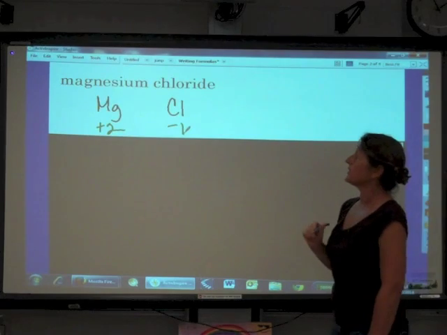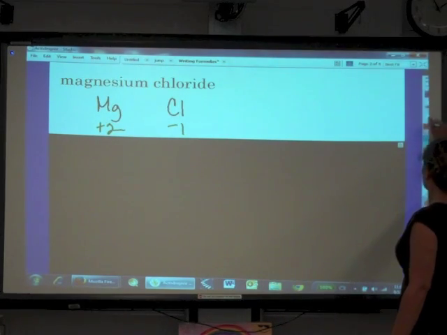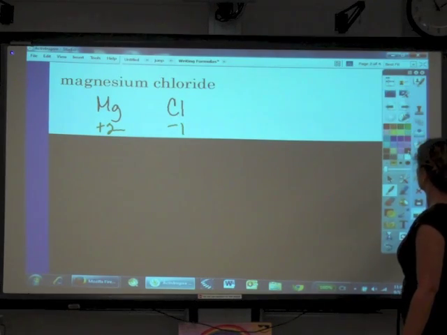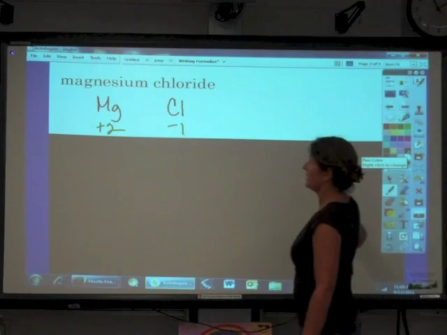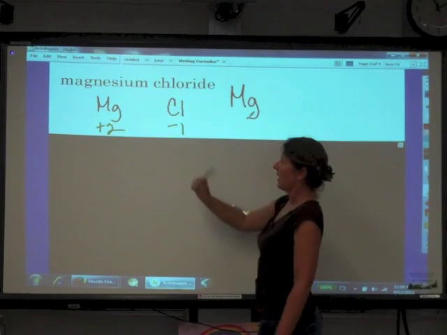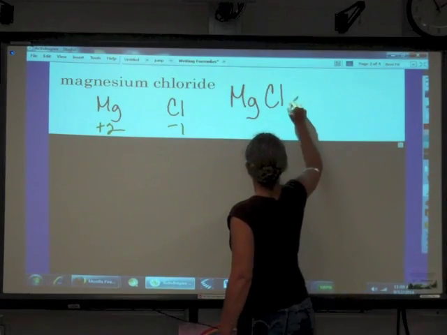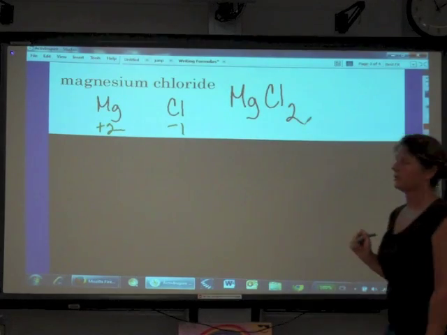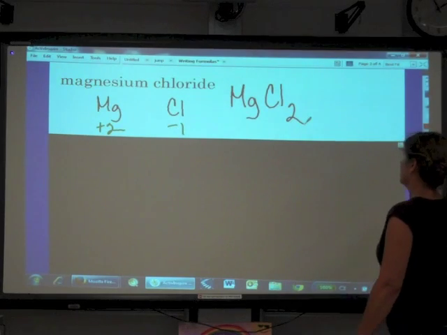So in order for this compound to be electrically neutral, my total number of positives has to equal my total number of negatives. And so that means that for every magnesium, I'm going to need 2 chlorides, MgCl2. That is the formula for this particular compound.